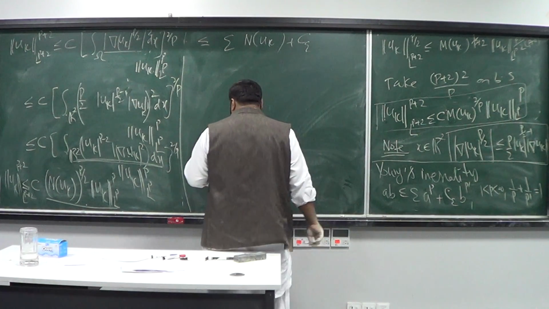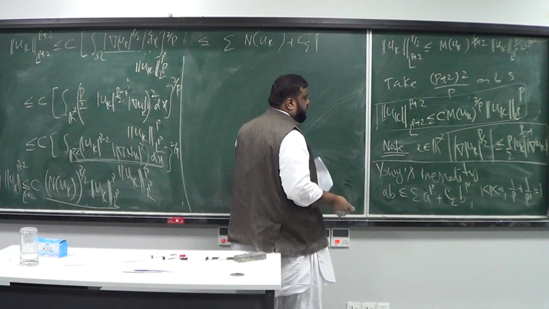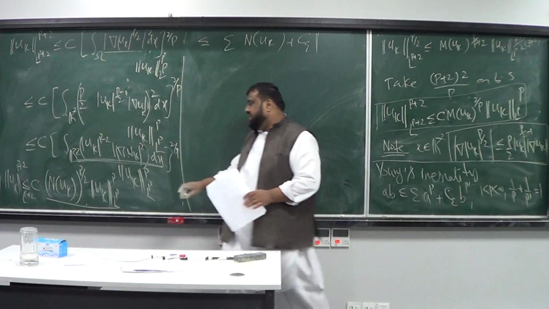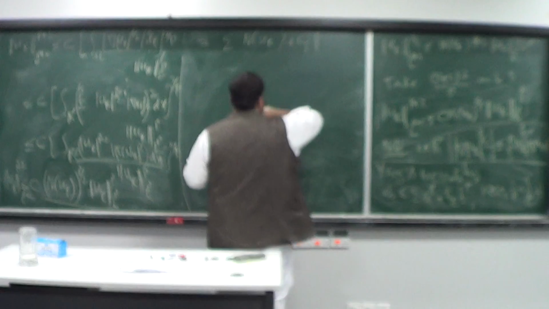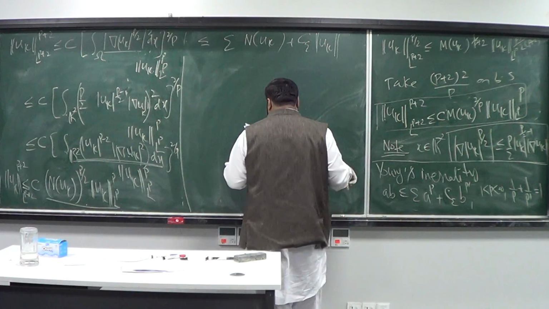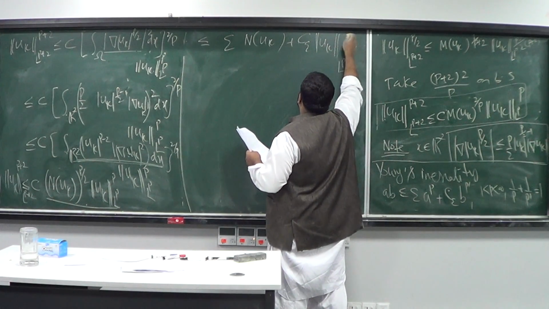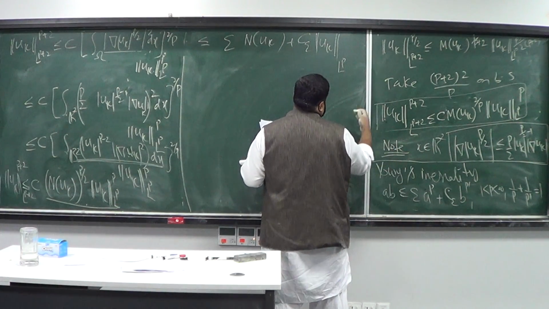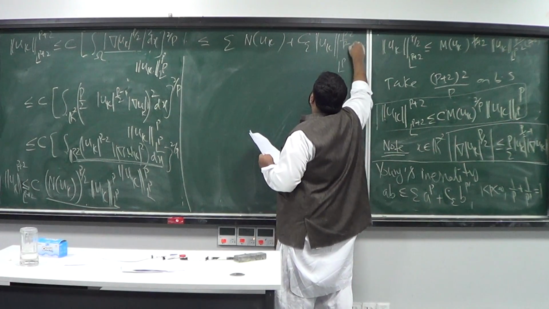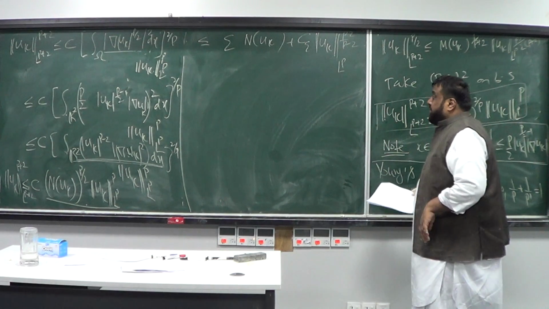This is something that you can figure out for yourself: what exponent p and p prime should I choose so that this inequality becomes this? You just have to think about exponents. For the L^p norm, you have a p, so your p prime is basically going to be 2 over p minus 2, so you're going to have p squared over p minus 2. So this is something that you're going to get actually.